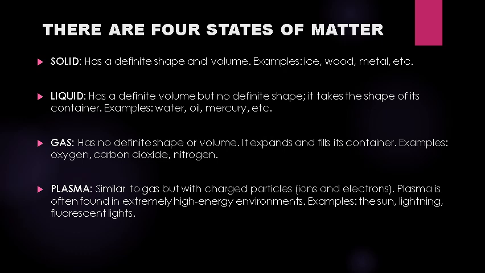Now the last one is plasma. Plasma is very similar to gas, but with charged particles. By charged particles we are talking about ions and electrons. So plasma is often found in extremely high energy environments. Examples are the sun, lightning, and fluorescent light.